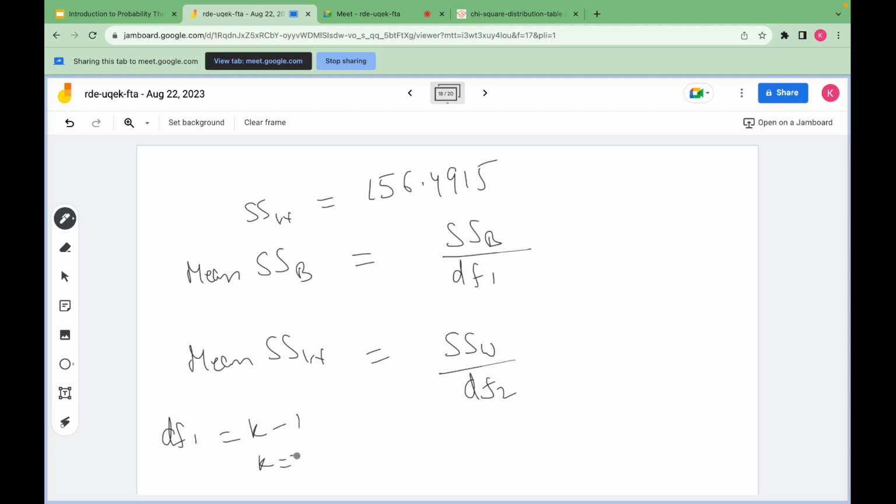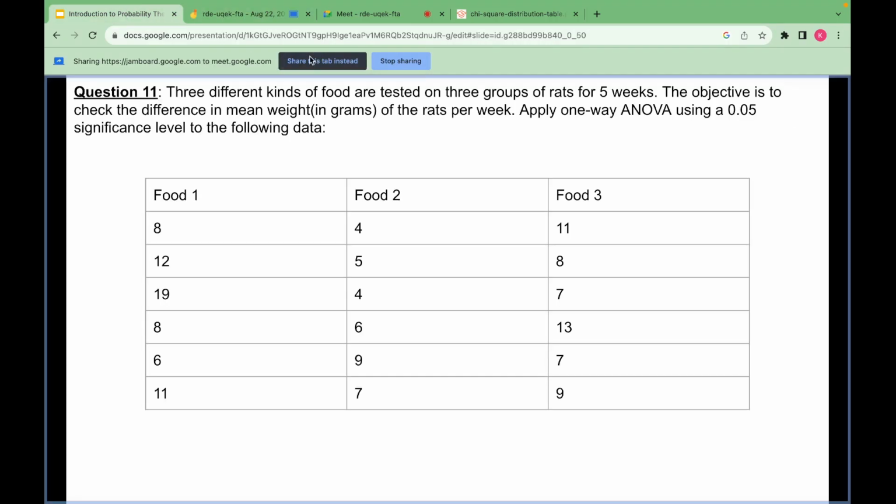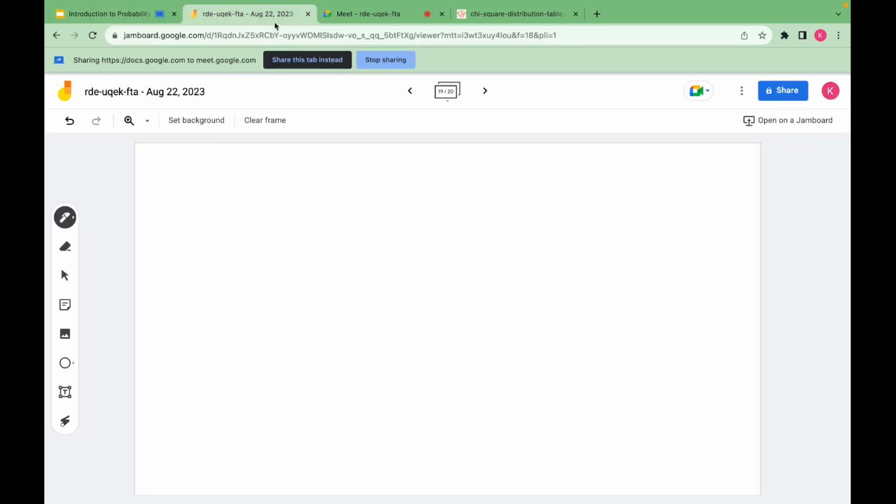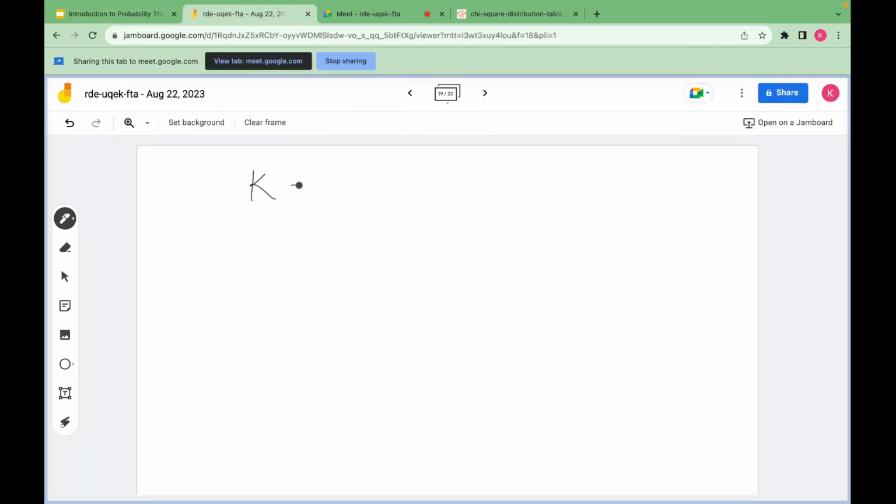K is the number of groups. Okay, pay attention, it is the number of groups. DF2 is N minus K. N is the total number of observations, and K is the number of groups. So in the question there are 3 groups: food 1, food 2, food 3. So K is equal to 3.